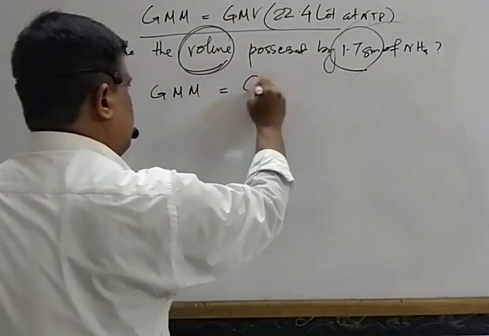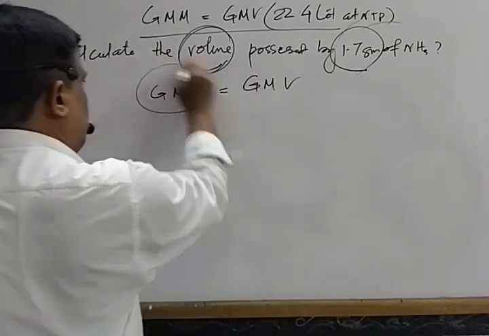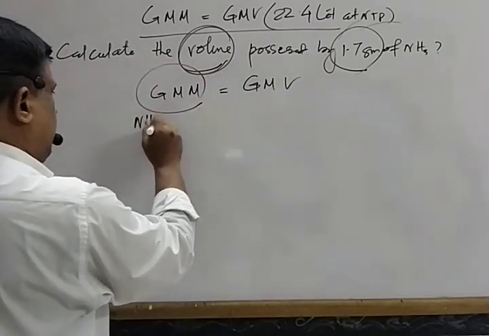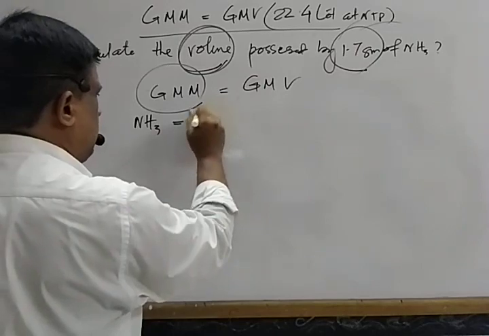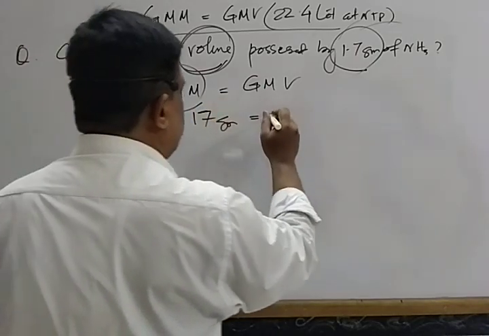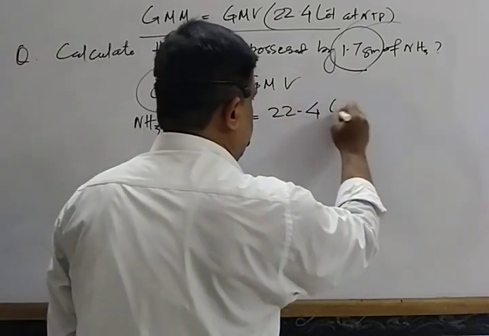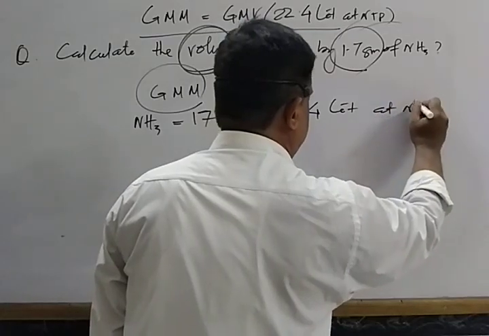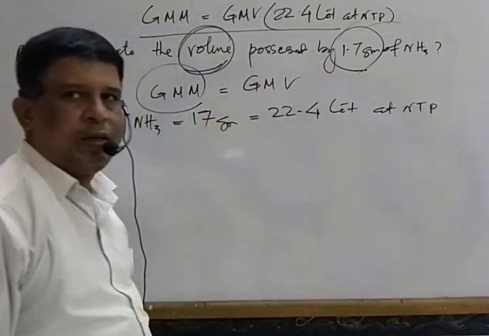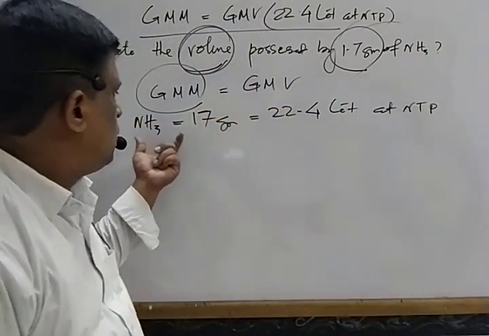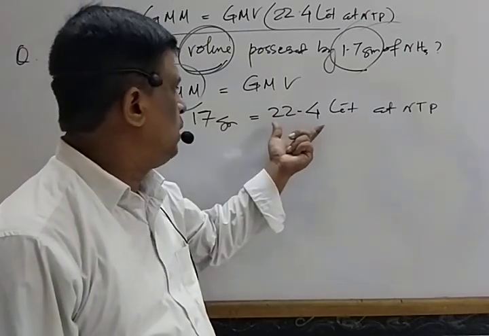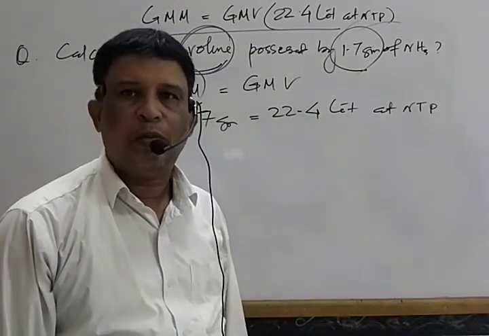GMM with GMV for NH3 is equal to 14 plus 3, 17 gram. That is 22.4 liter at NTP.